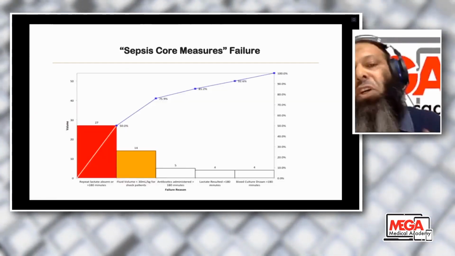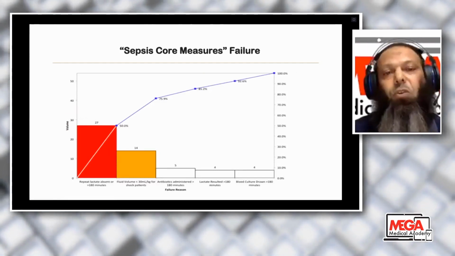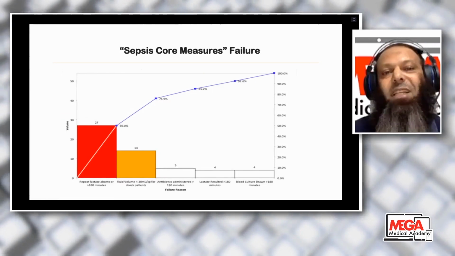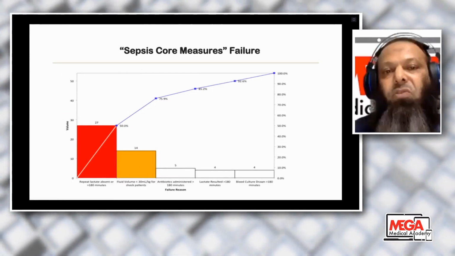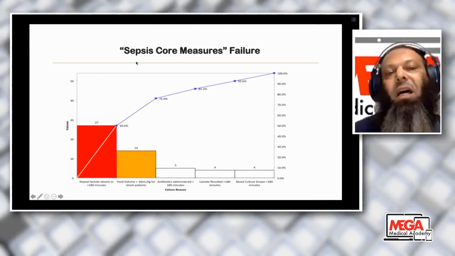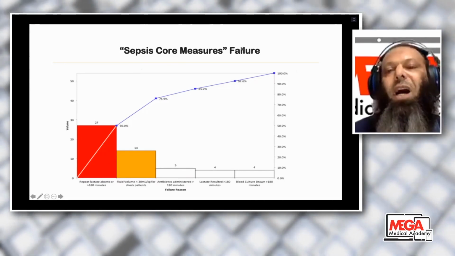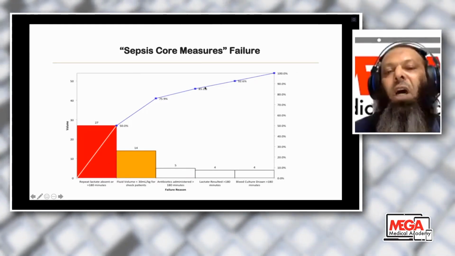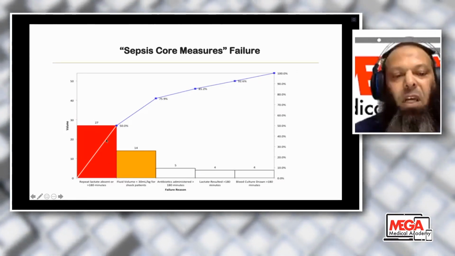And measuring the hour 1 bundle is very important to know where you are standing. Are you succeeding? Are you compliant with the 1 hour bundle? This is a study measuring the sepsis score measures and why they fail to be compliant, and what the components of failure are.